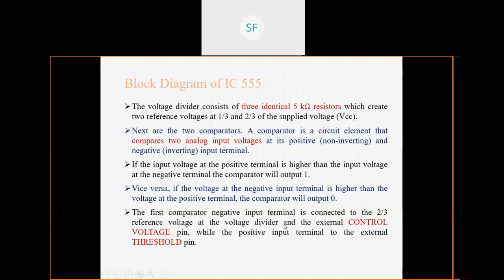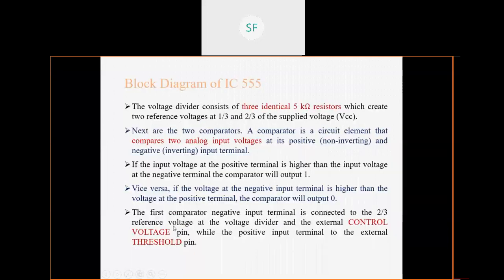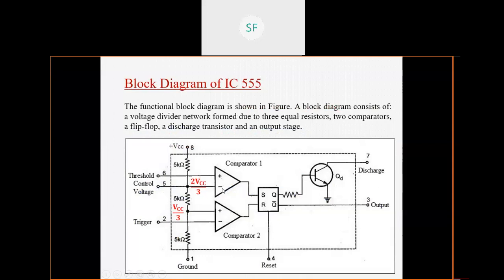You can observe here, the first comparator negative input terminal is fixed to 2/3 VCC, and externally it is called as control voltage pin, while the positive input terminal is connected to the external threshold pin.